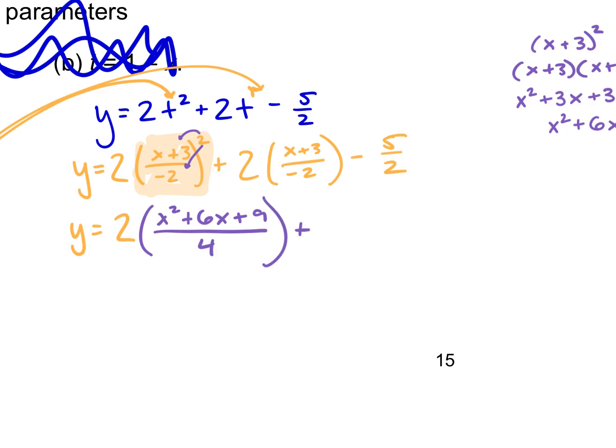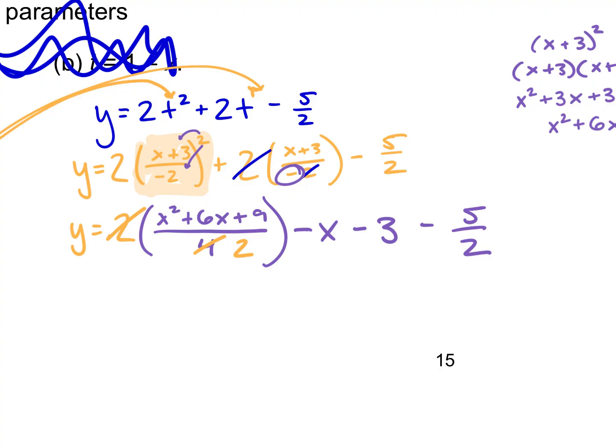And then plus, here in my second part, the 2's will cancel, but I still have that negative that I'm dividing by. So this would actually turn into a minus x and minus 3 and minus 5 over 2. I can also simplify the 2 and the 4 here, but I'm still left with 2 in my denominator.